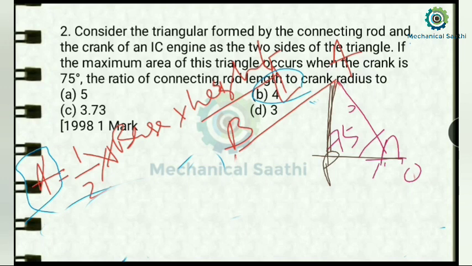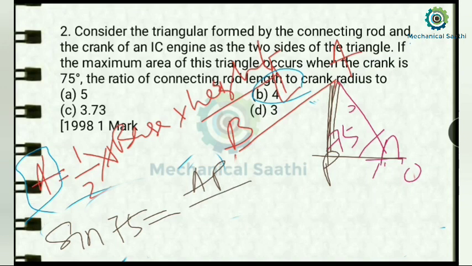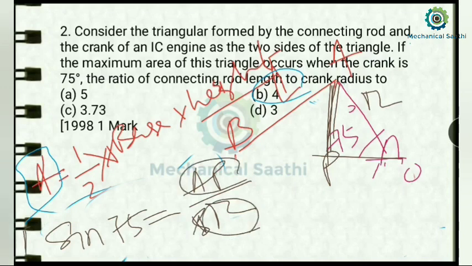If I take sine 75 in this triangle, that is APO, then I can calculate AP divided by AO, which is R. So AP we can calculate by multiplying by R on this side, and I'll get R sine 75.